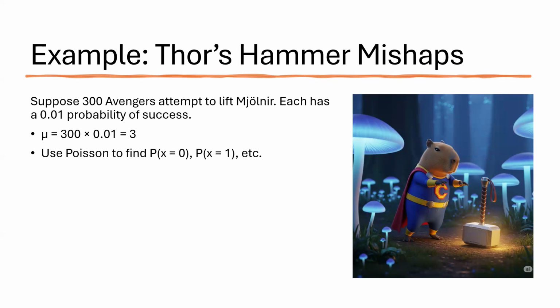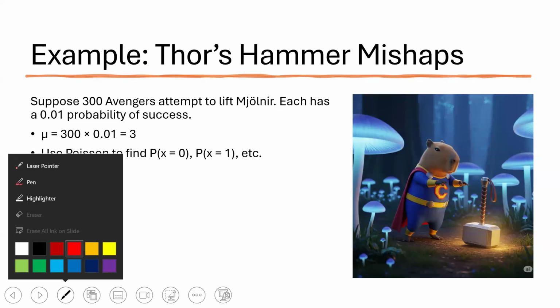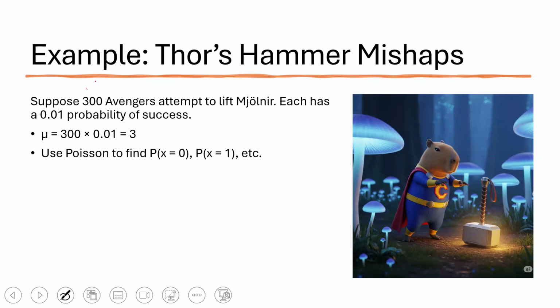That's a binomial setup with n equals 300, p is 0.01, and mu would be n times p, so 3. Because mu is small and p is low, we can use a Poisson model with mu equals 3.